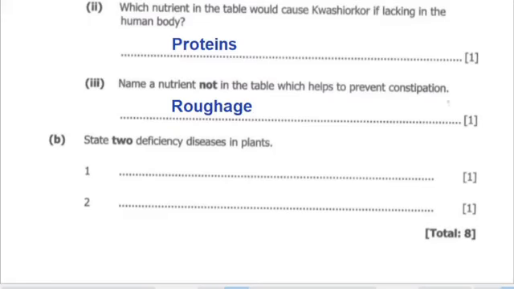Again, we can see leaf flaking. So the 2 deficiency diseases that we can have in plants are leaf chlorosis and leaf flaking. Leaf chlorosis is just a situation whereby the leaves start appearing yellowish because of the absence of chlorophyll. So we are done answering our question 2.